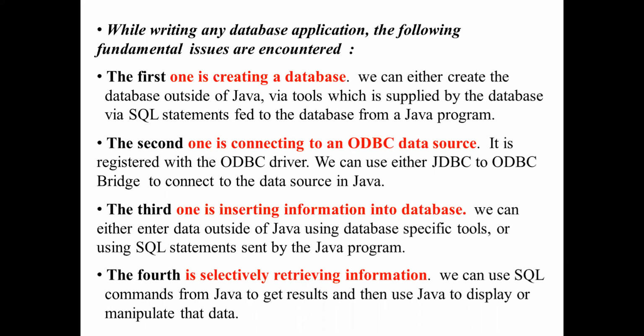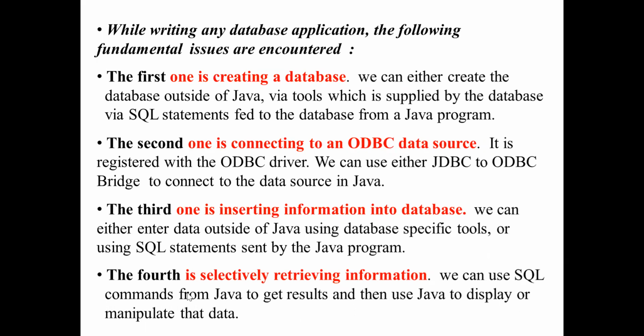We can enter it either outside of Java using the database tools, or by using SQL statements sent by the Java program. This is the third important point. First, create the database, connect it to the ODBC, and insert the information into the database, either outside of Java or by using SQL statements sent by the Java program.